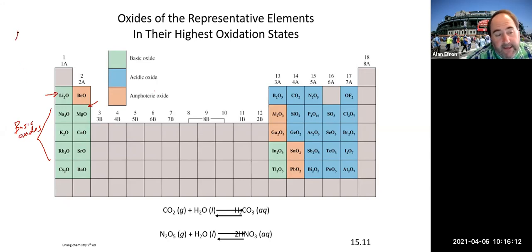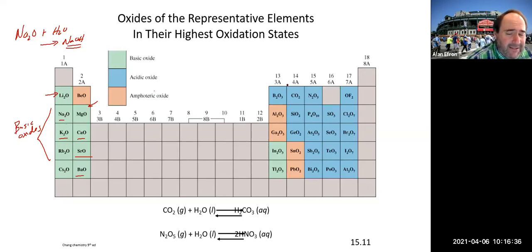So basic oxides, with some water, produce something like sodium hydroxide. It's just a lot of words like sodium hydroxide, potassium hydroxide, calcium hydroxide, strontium hydroxide, barium hydroxide. These are where a lot of bases originate from on the periodic table.